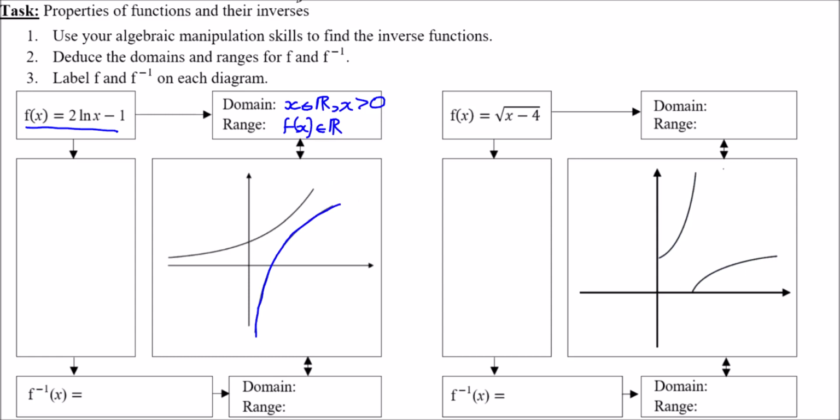What I'm now going to do is rearrange to find the inverse function. So if I call f of x y again, y equals 2 ln x minus 1. If I add 1 to both sides, I get y plus 1 equals 2 ln x. Using the laws of logs, I can put this 2 as a power of x. So I can rewrite 2 ln x as ln x squared.